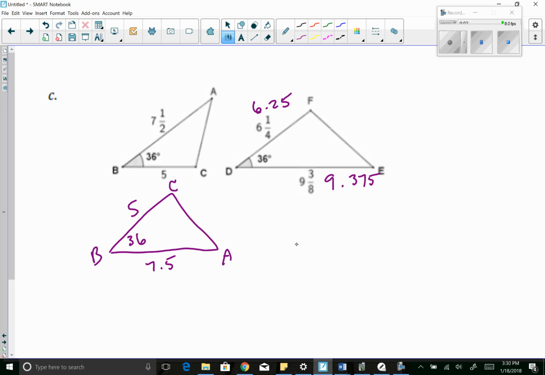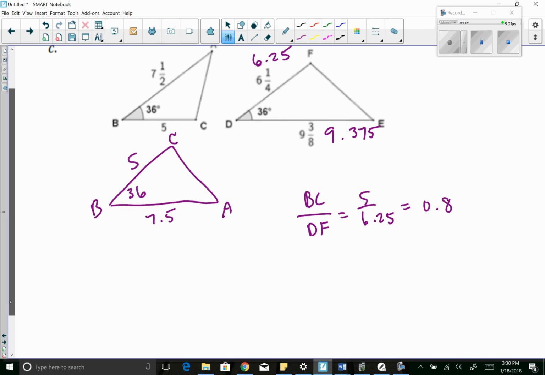Now I'm just doing some comparison. If I divide BC compared to DF, I get 5 over 6.25, which gives us 0.8. That comparison should be the same as the other segments.